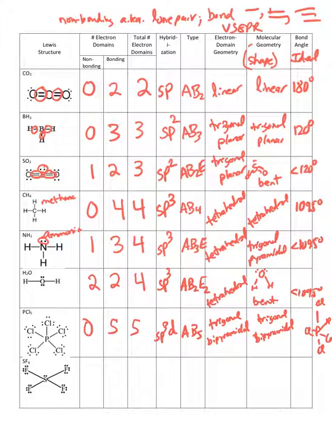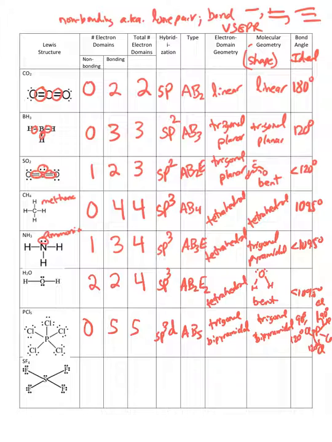And there are 2 chlorines on the axial positions. So there are 2 bond angles in here. There's a 90-degree bond angle between an axial and an equatorial position, and there's a 120-degree bond angle between the equatorial atoms. So there are actually two bond angles, 90 and 120 degrees.